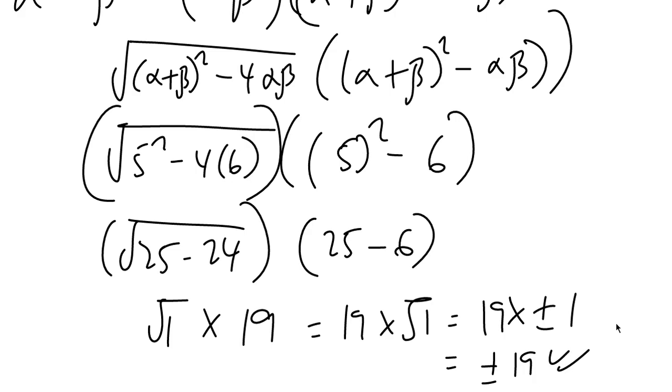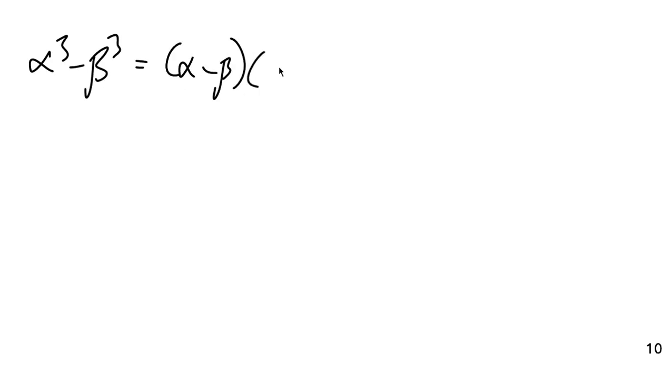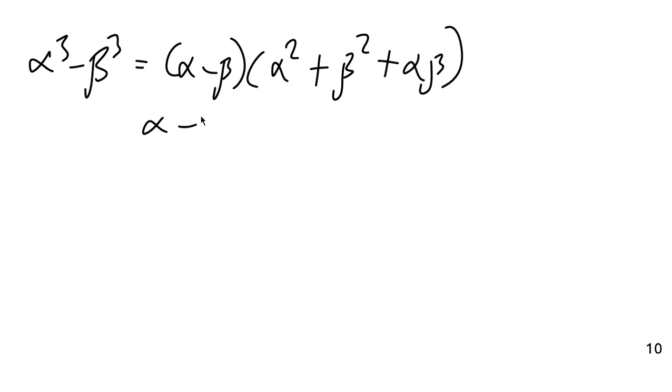So now I said I will tell you why alpha cubed minus beta cubed is equal to alpha minus beta into alpha squared plus beta squared plus alpha beta, right? So what we simply do here is, looking at this now, you can see that alpha minus beta is a factor of alpha cubed minus beta cubed, right?